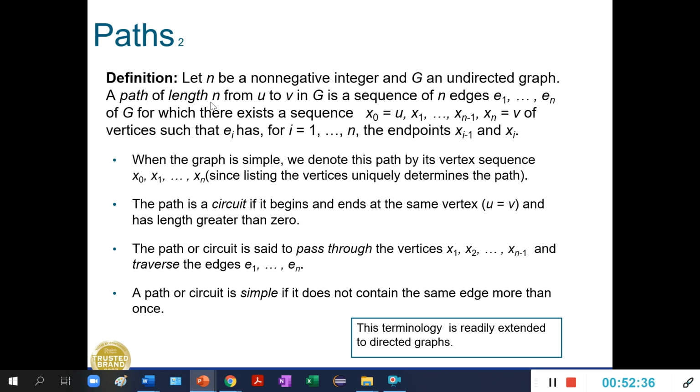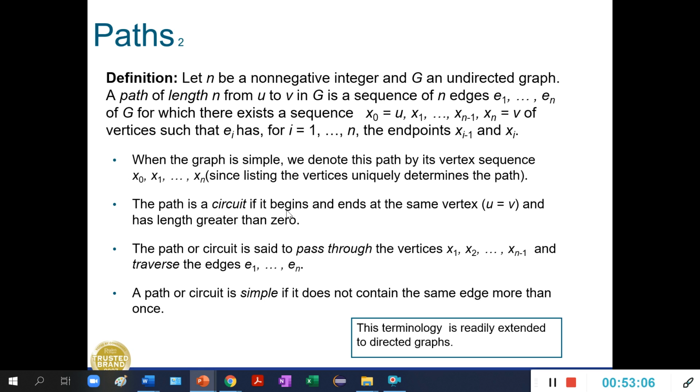A path of length n from u to v in G is a sequence of n edges e1 until en of G for which there exists a sequence x0, x1, ..., xn-1, xn of vertices, where x0 is u and xn is v, such that ei has, for i equal to 1 until n, the endpoints xi-1 and xi. When the graph is simple, we denote this path by the vertex sequence x0, x1 until xn.